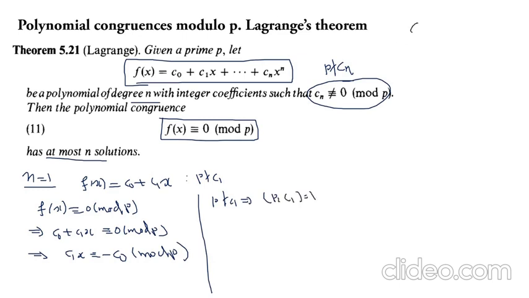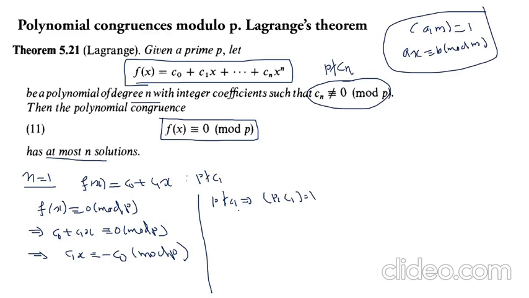The statement is: if GCD of a and m is 1, then the linear congruence ax ≡ b mod m has a unique solution. We know this theorem, it's a well-known theorem. So we use this theorem here: given that GCD of p and c1 is 1, therefore the congruence c1x ≡ -c0 modulo p has a unique solution. There is only one solution. Therefore the result is true for n equal to 1.